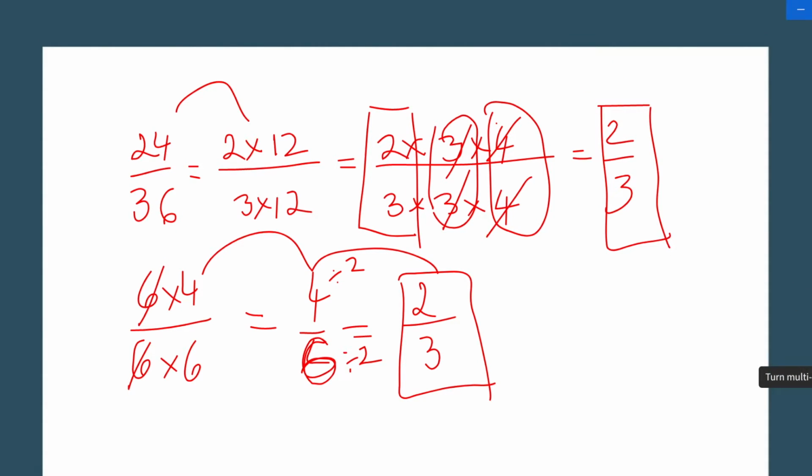Now let's take a more mathematical approach to this. You had 24 and 36. A more mathematical approach would be to write a few factors of 24. We're doing the highest common factor here.